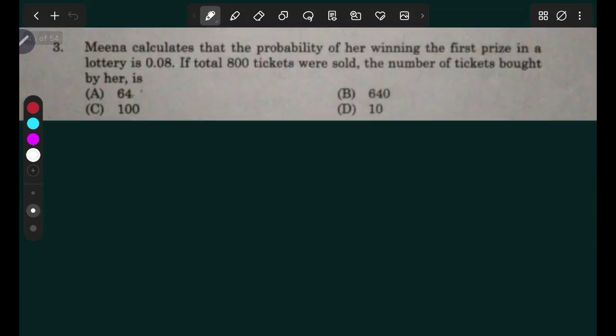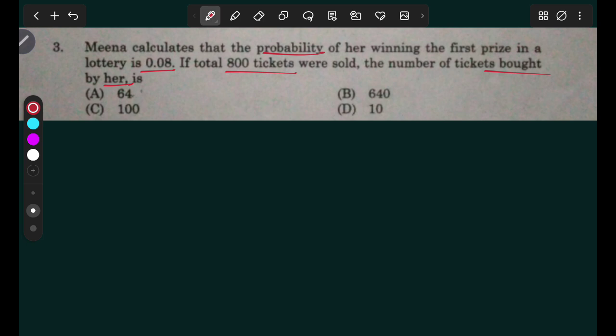We have this question from, most probably, the probability chapter. Yes, the probability chapter. Meena calculates that the probability of her winning the first prize in a lottery is 0.08. If a total of 800 tickets were sold, the number of tickets bought by her is? So 800 tickets were sold and Meena bought some tickets, and after calculating, her probability of winning the prize is 0.08.